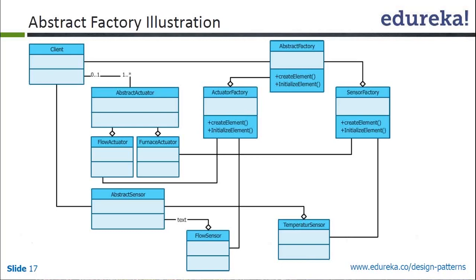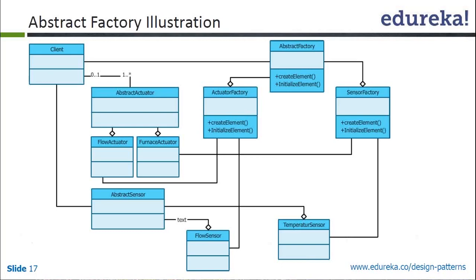So depending on which factory we are building, the client will ask Abstract Factory to get you the specific factory for that problem instance, let's say a cement factory, and then the client will start using those to generate the actuators and sensors.